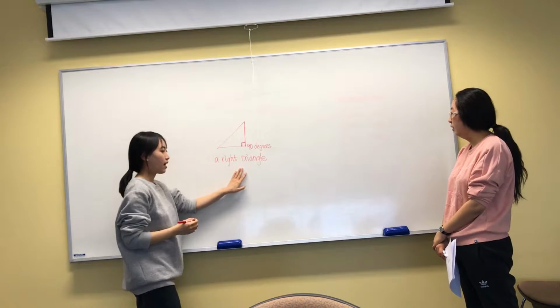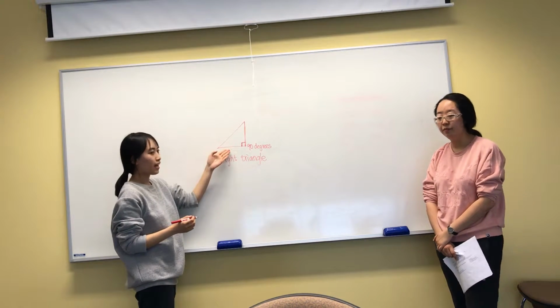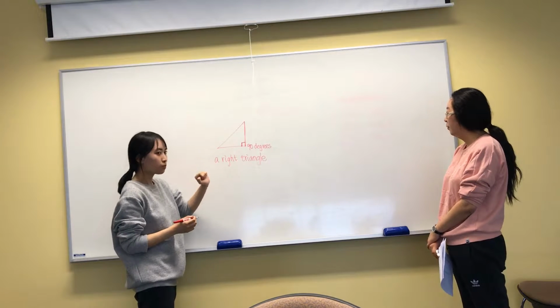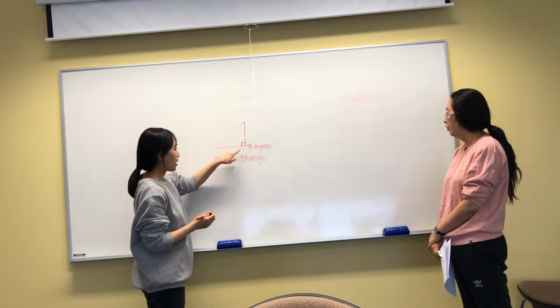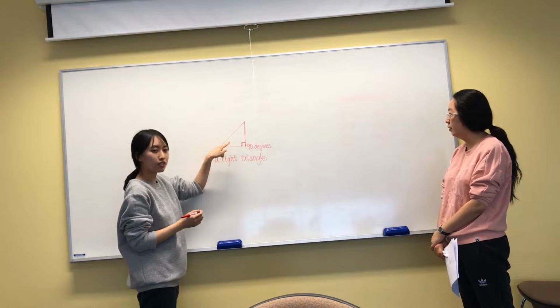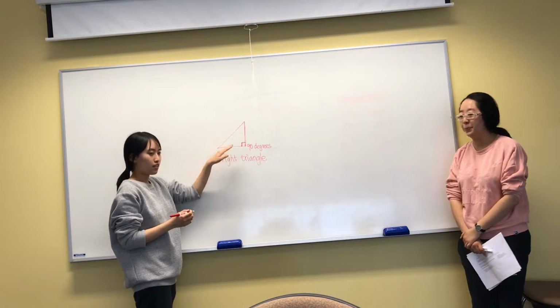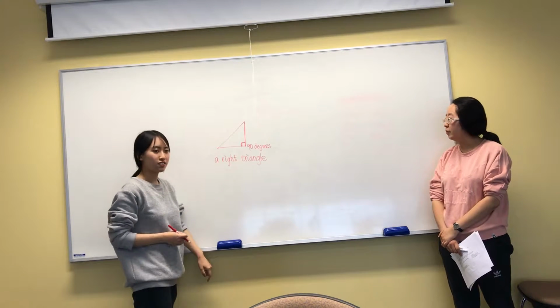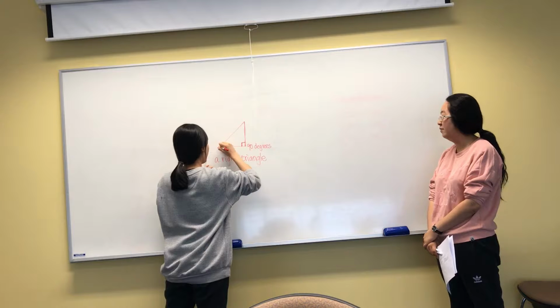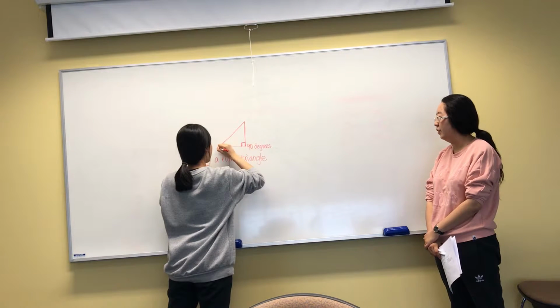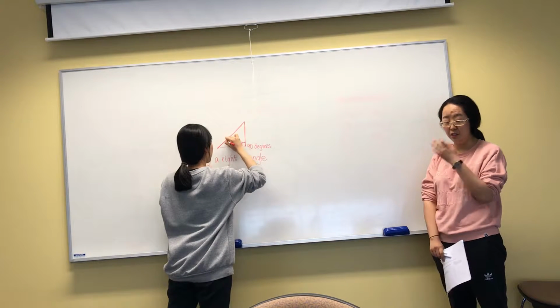Okay, so now I'd like you to take a look at this right triangle. As you can see, this triangle has 3 sides. Which side in this triangle is the longest? This one? Yes, so this is the longest side in a right triangle.